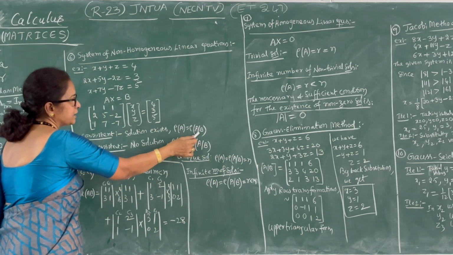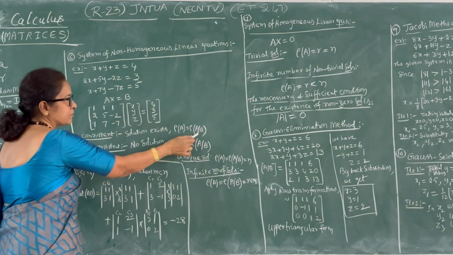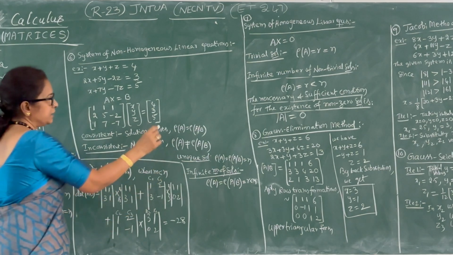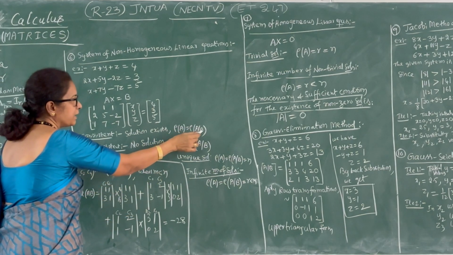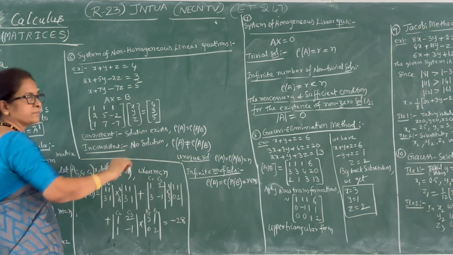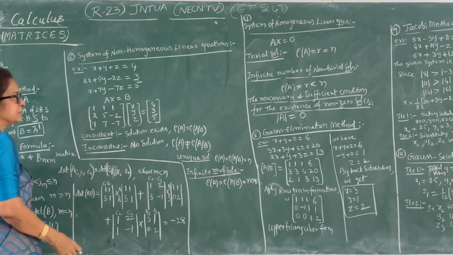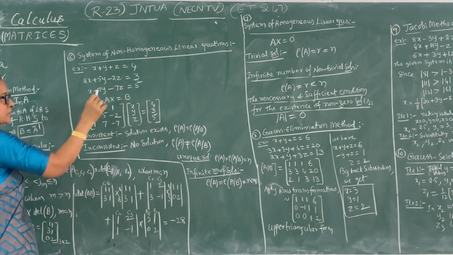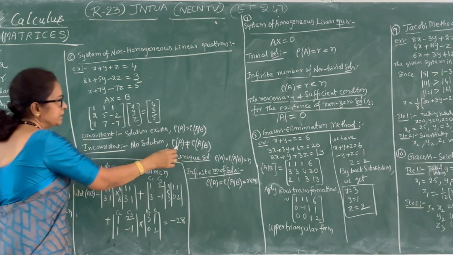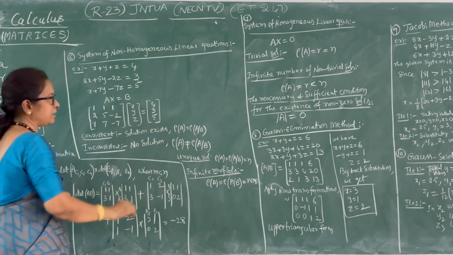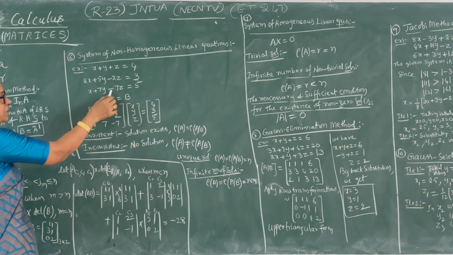We find the rank by reducing into echelon form. If rank of [A|B] is equal to rank of A, if both ranks are equal, then the given system has a solution. If the two ranks are not equal, then the system has no solution.